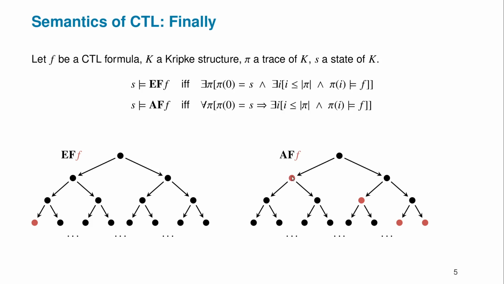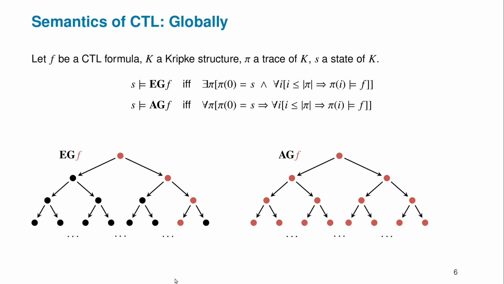Here we have the red dot where F holds, and here we have to go to level 3. And here we have to go to the lowest level that is depicted in order to find such an F. The important thing is that we find an F.